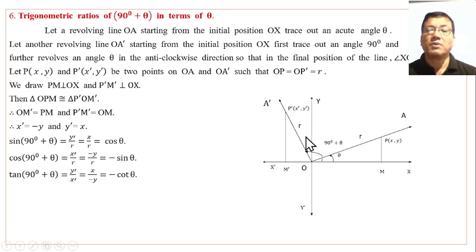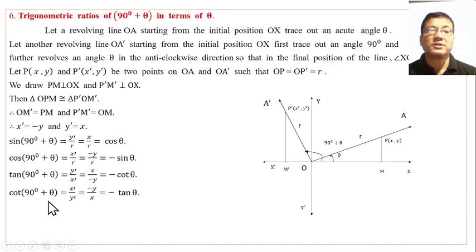Tan of 90 plus theta: y dash and x dash, x dash is negative, y is positive, so negative on top, then y by x, which is minus cot theta. And the tan of 90 degree plus theta is minus cot theta.